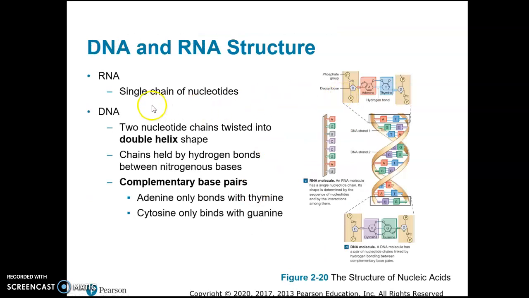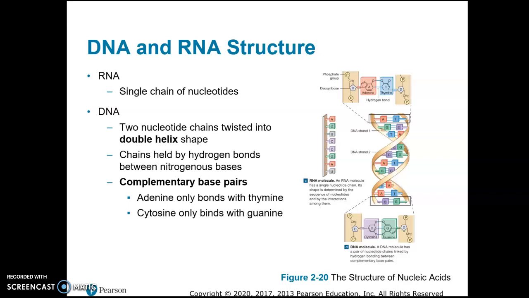Differences between DNA and RNA, besides the fact that RNA contains U and DNA contains T: RNA is also a single chain of nucleotides, whereas DNA, you probably have heard this before and seen images of DNA. DNA is a double-stranded molecule that actually forms a ladder, and then it forms a twisted shape. We say that it's a double helix or a twisted ladder shape.